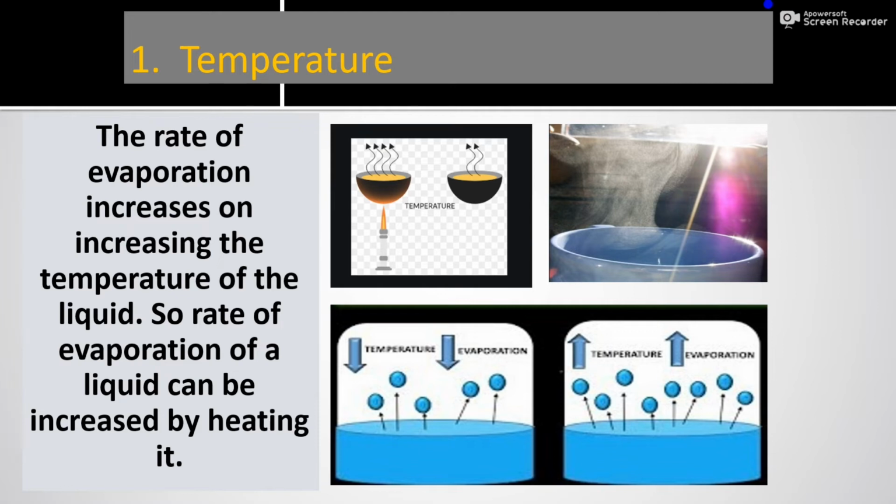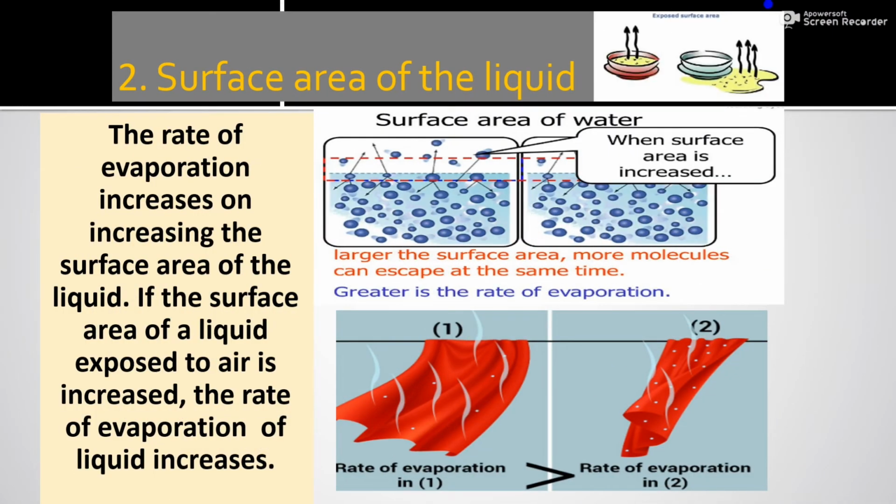Temperature: the rate of evaporation increases on increasing the temperature of the liquid. So the rate of evaporation of a liquid can be increased by heating it. If you heat a liquid, it will evaporate. When you raise the temperature, the rate of evaporation also increases. Surface area of the liquid: the rate of evaporation increases on increasing the surface area of the liquid.